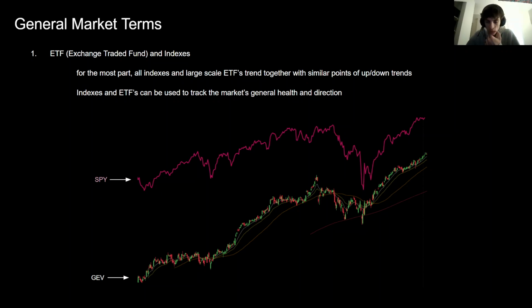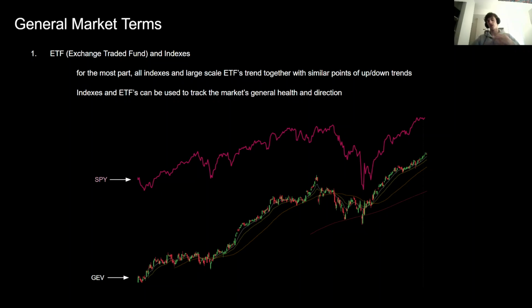So a good way to recognize what strong stocks are and what non-strong stocks are is when SPY makes these pullbacks and it goes down, the intensity of the pullback, if it's less severe on a single stock, then you know that that stock is displaying relative strength.